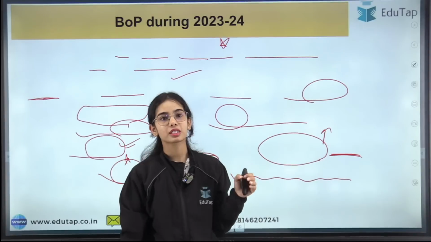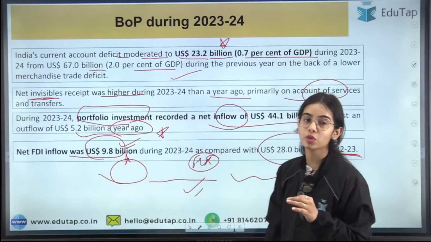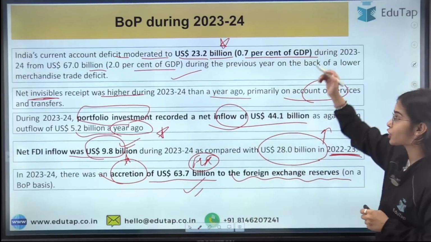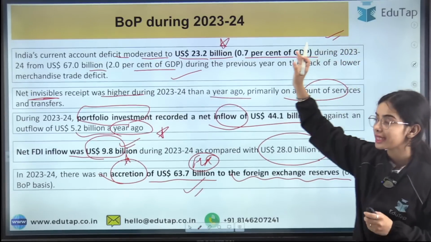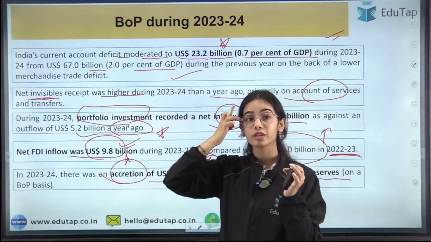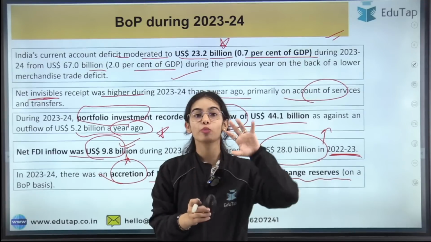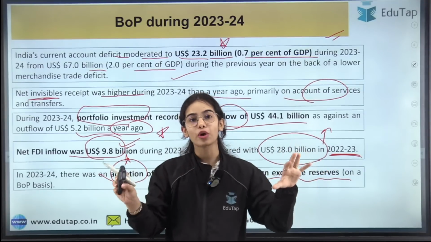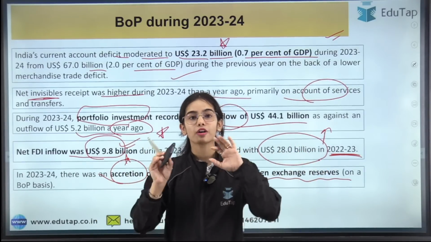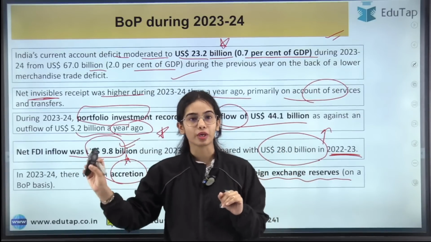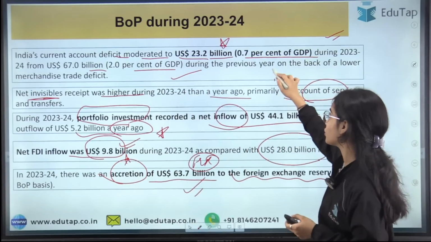Then we have discussed the balance of payment situation also. On a yearly basis, the current account deficit has reduced from 2% of the GDP to 0.7% of the GDP from 2022-23 to 2023-24. So this is very, very important that you must know.